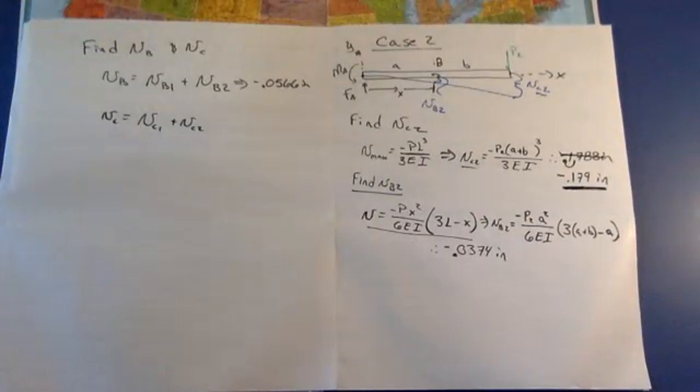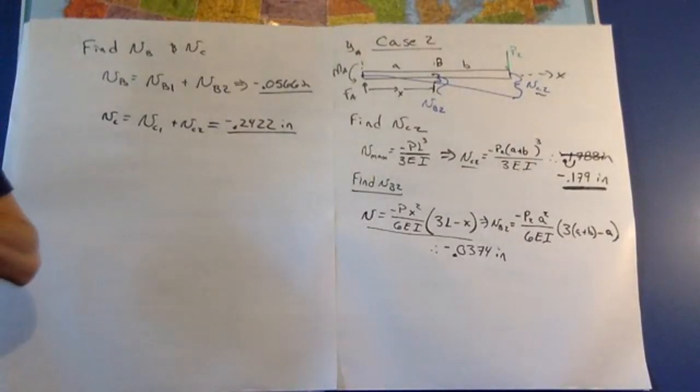That's going to be the most deflection at multiple points, and it's non-linear, so we get a high number for this. The number that I got was negative 0.2422 of an inch. If we add the two and aggregate everything together, that's how we would find it, using the superposition method and these tables in the back of the book.